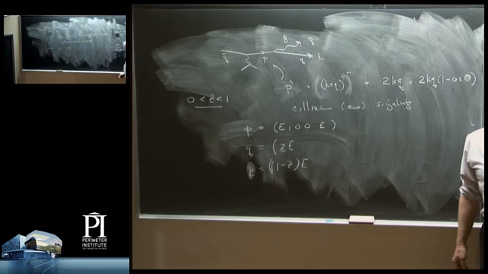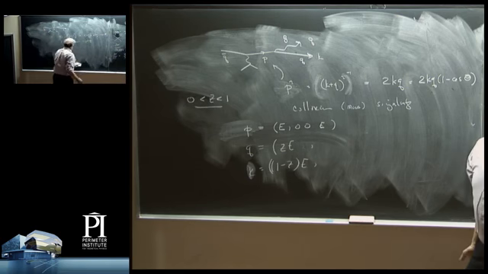So let's now compute the rate for this particular kind of collinear splitting. To do that, let's put some coordinates on this. Let me first of all write p equal to (E, 0, 0, E).